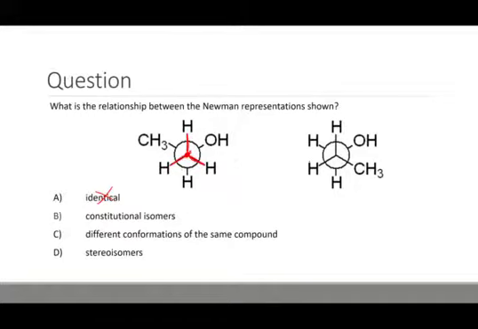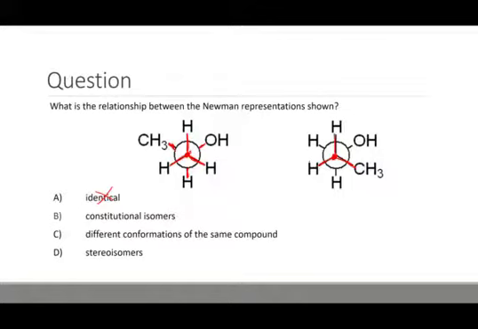And the back carbon is attached to this methyl group, this OH group, and this hydrogen. But in this molecule here, we can see that the front carbon is attached to a methyl group, a hydrogen, and a hydrogen. So already we have different attachments.